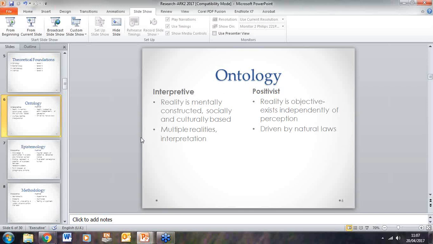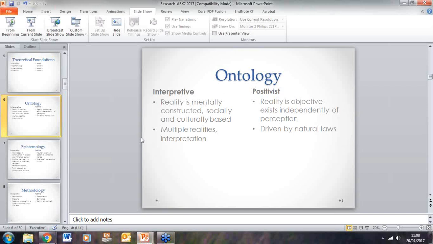So firstly, you need to decide on your own ontology, and then you need to ensure that the research proposal you write makes it clear what the proposal's ontology is. And if those two things match, then that's beneficial. But the ontology of your project needs to be very clear. So what it is you're trying to do, what are you trying to prove, or what are you trying to inquire into? And that's why getting the research aim and objectives very clear is important, and it should be absolutely obvious to the reader.